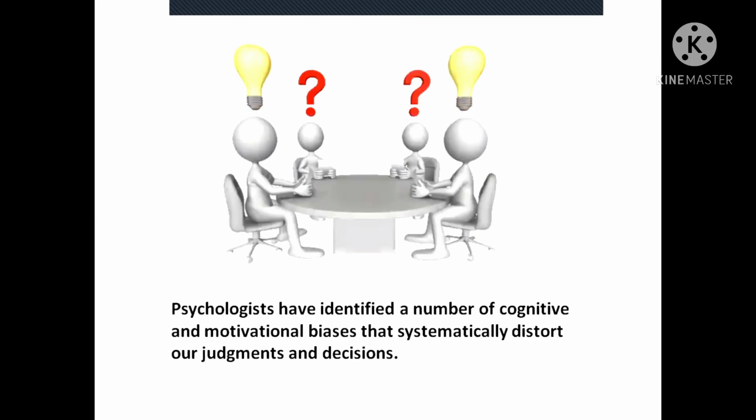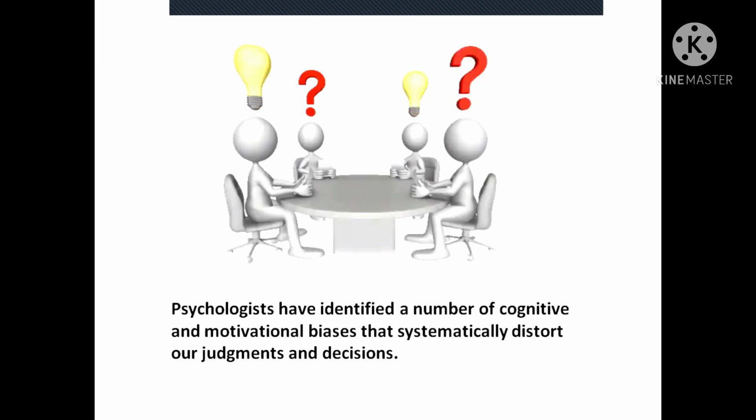For example, we often use the information we have available to us inappropriately, putting too much emphasis on interesting information and ignoring statistical information. We sometimes form conclusions very quickly and then do not sufficiently revise those conclusions once we acquire additional information.